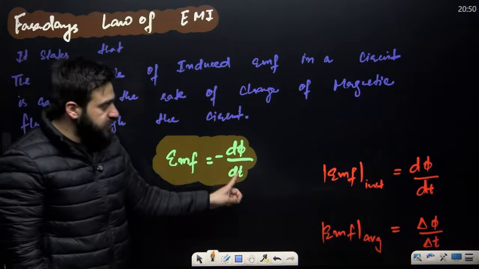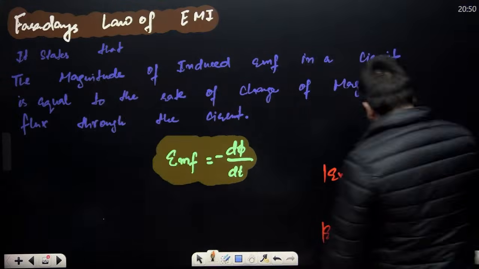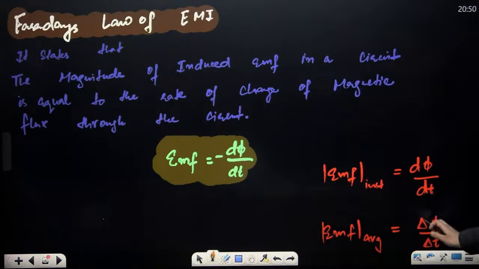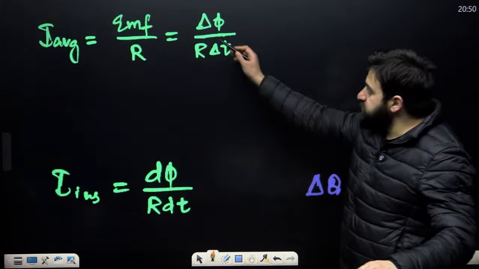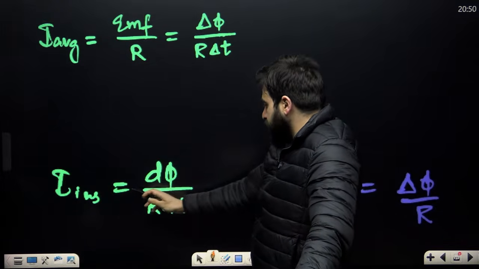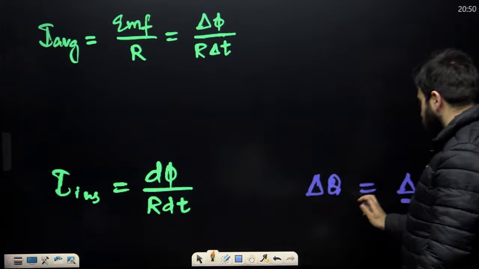EMF is equal to minus d phi by dt. It's saying magnitude, so d phi by dt, this average is delta phi by delta t. Current produced is simply delta phi divided by R delta t. Instantaneous current is this, and charge flow is this.